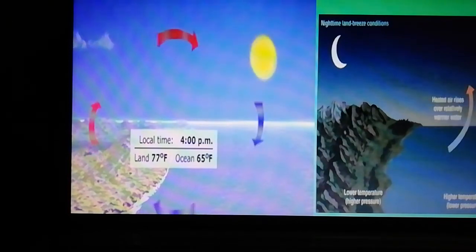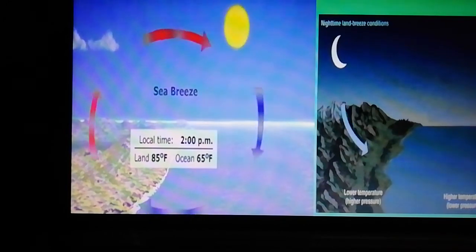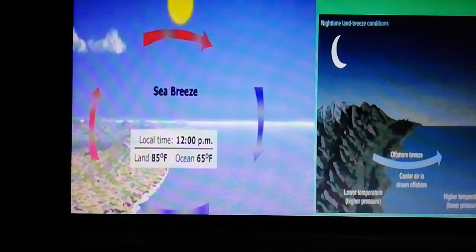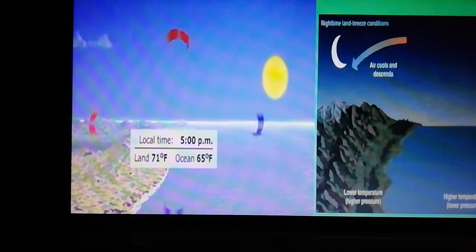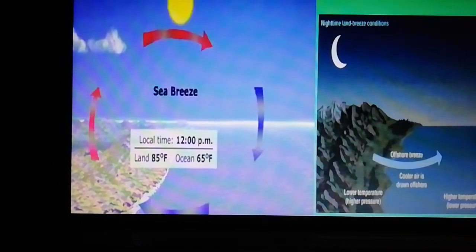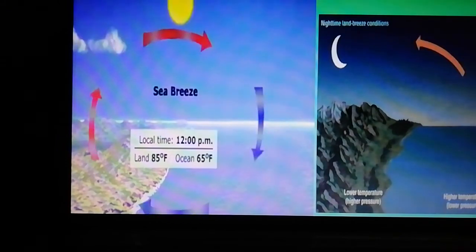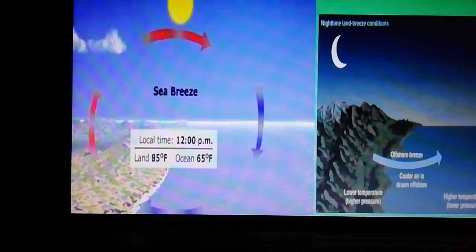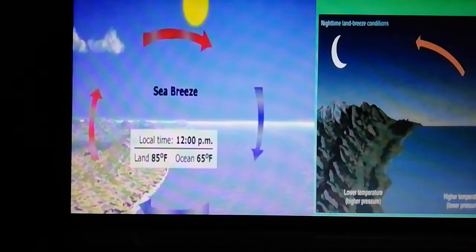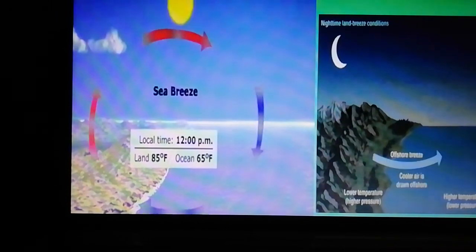On the other hand, the land during night gets cooled quickly. All right, and so the water, since it's warm, the air above the water in the sea is warm, and this air above the sea rises up, and this place which has been vacated by hot air above the sea is taken by cold air from the land.